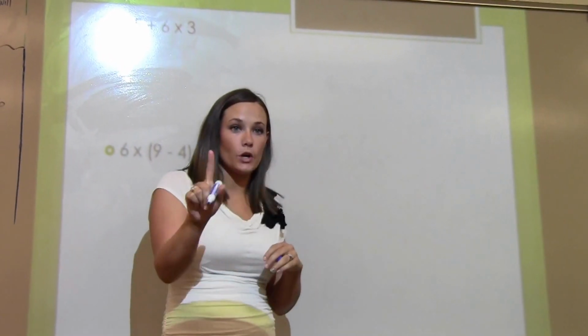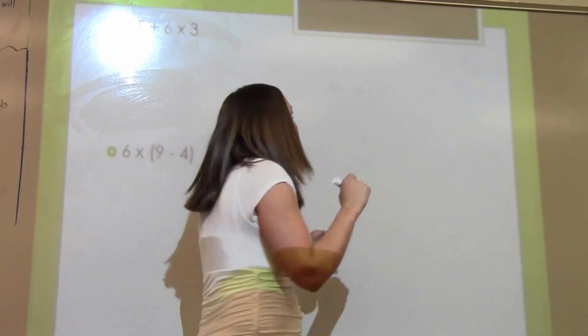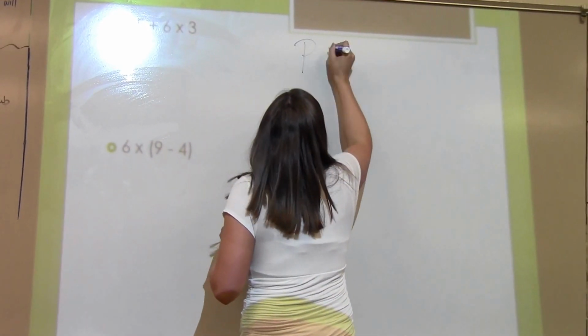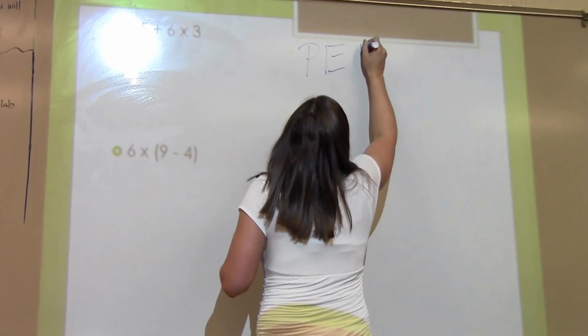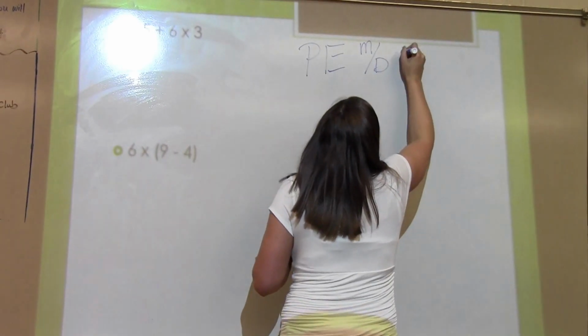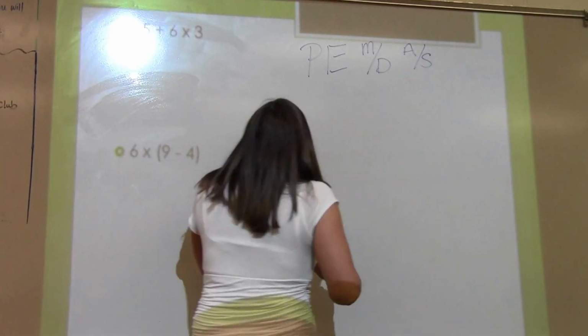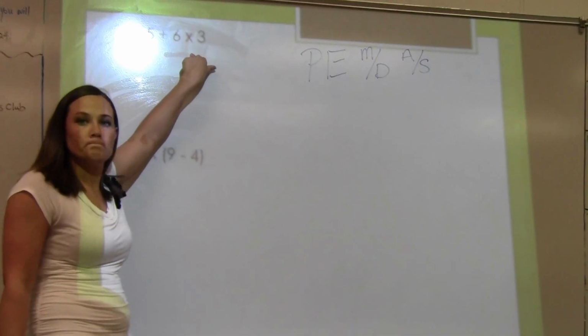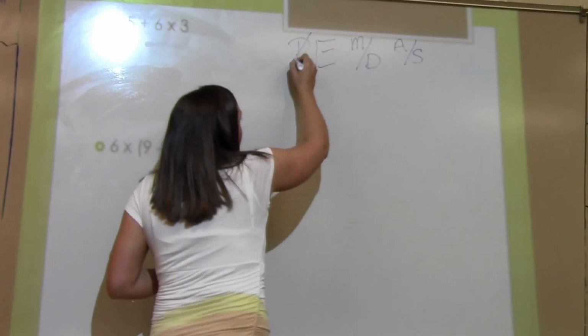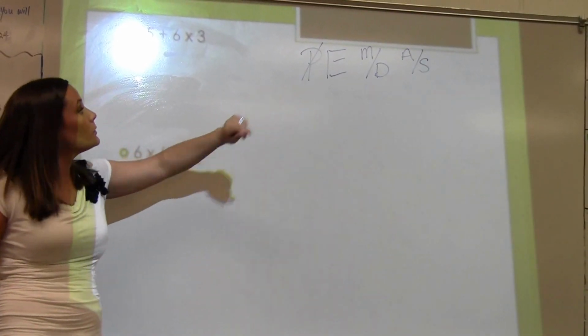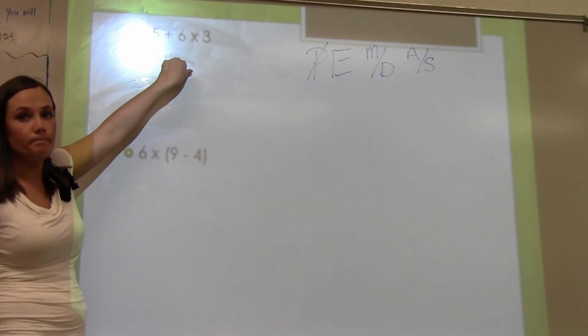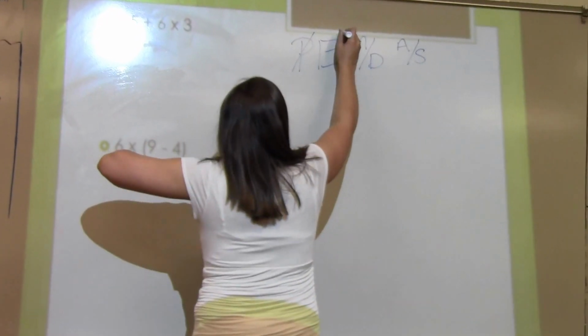What do we need to write down first? Our formula. There we go. Please Excuse My Dear Aunt Sally. Do we have any parentheses? No. We've checked for it though, so we can mark through it. Do we have any exponents here? No, so we can mark through this one.